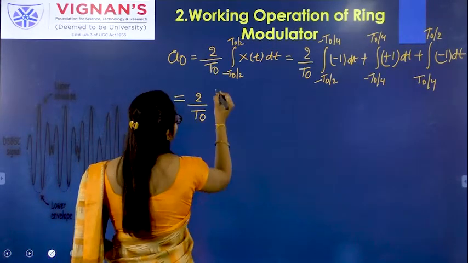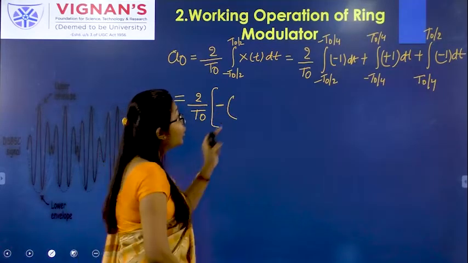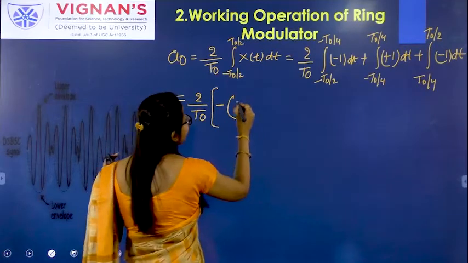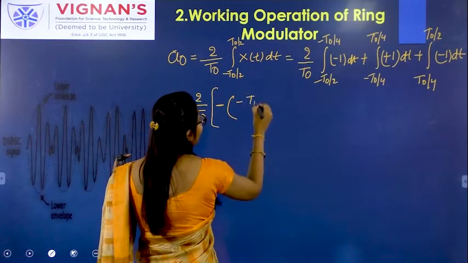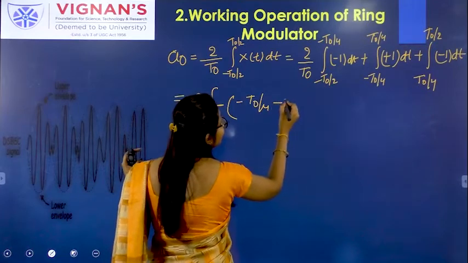2 by t naught. So minus I am keeping outside. Now upper limit minus lower limit. So what is the upper limit here? Minus t naught by 4 and minus of minus t naught by 2.